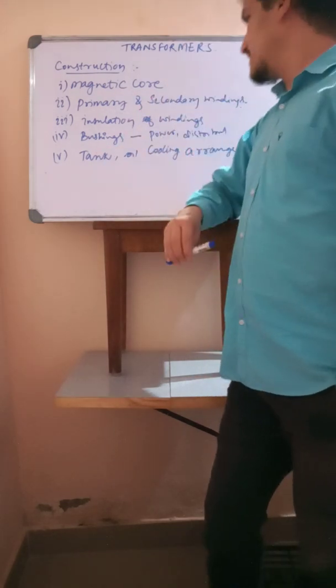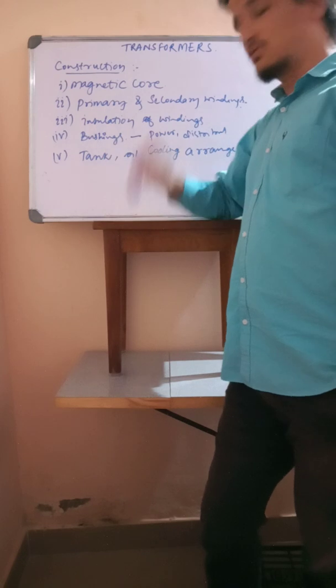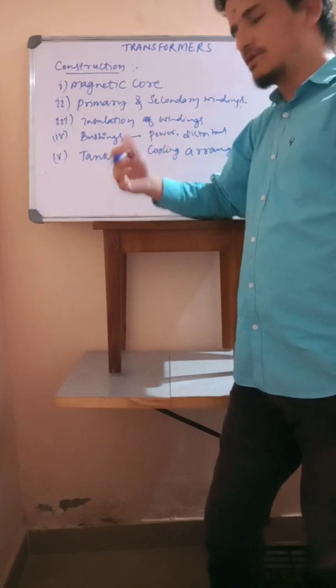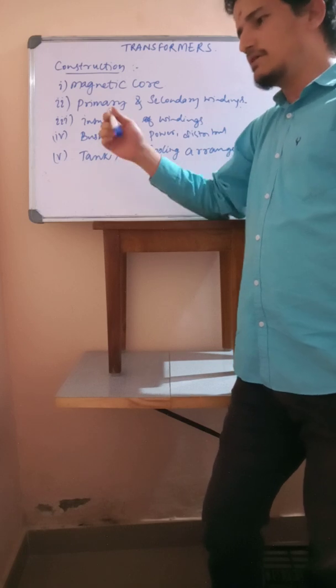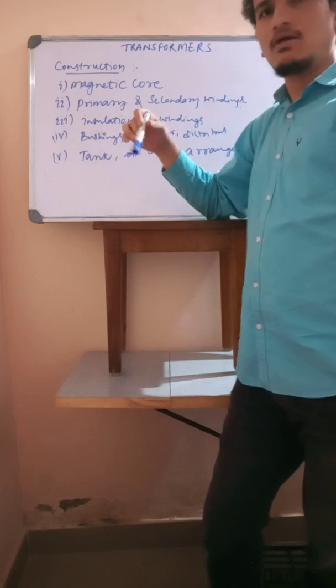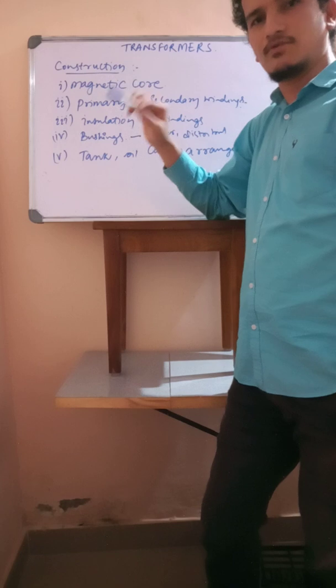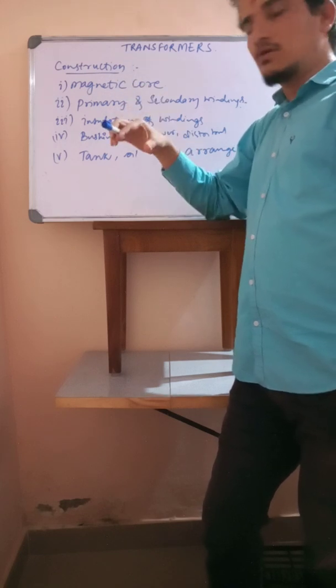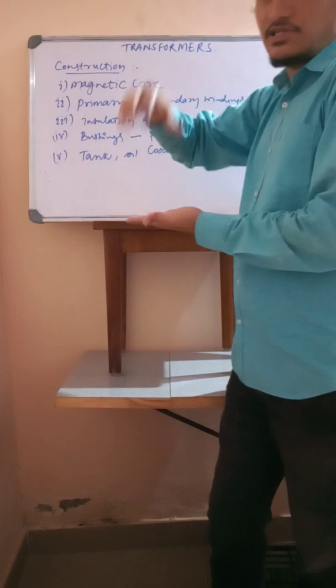Okay, tank and cooling arrangements. I have told the complete setup of the transformer, like primary winding, secondary winding, core. This is the basic structure of a transformer. So all these will be housed in a metal sheeted tank.